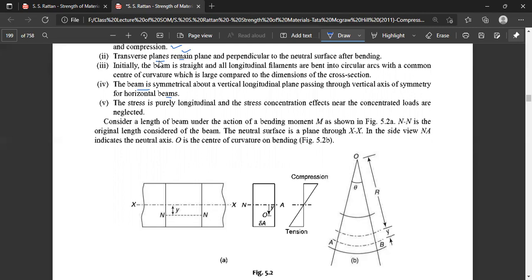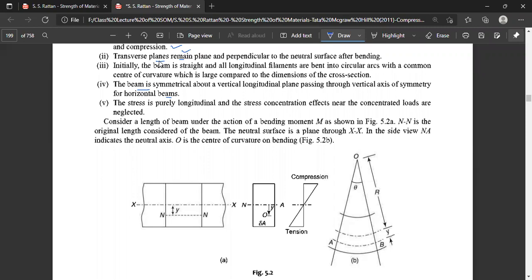The neutral axis before the bending: neutral axis means the axis that doesn't have any tension or compression, passing through the central cross section.